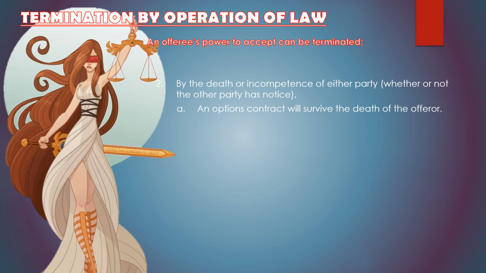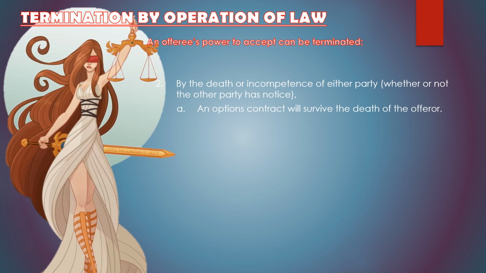If I offer to sell you my car for $10,000 and you die before you accept it, who can accept the offer? Nobody. Now, it doesn't matter whether you knew I died or not. All that matters is I'm not there to accept. Just like it doesn't matter whether I know whether you died or not. No one's there to accept.